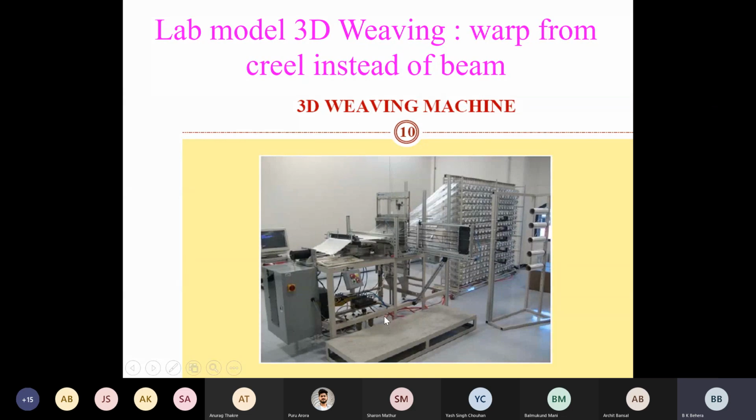What is piston driven shed formation? In the machine which we have in our lab, you will find each independent heald frame is driven by an independent servo motor. It means if we have 18 heald frames, we have 18 servo motors, and all the servo motors are connected to a computer by programming. By virtue of weave design, we decide which heald frame will be raised and which will be down.